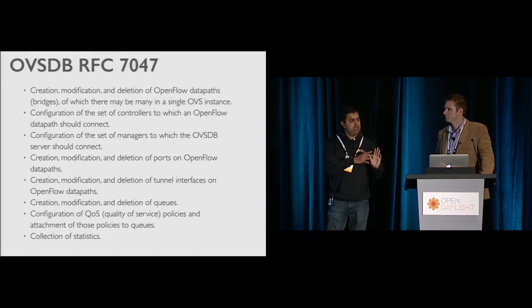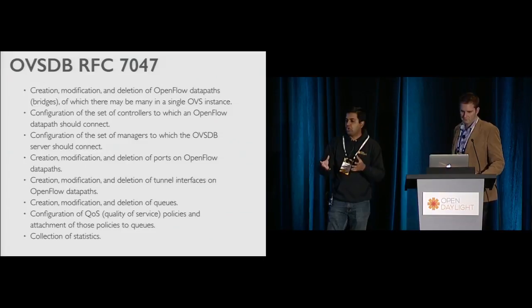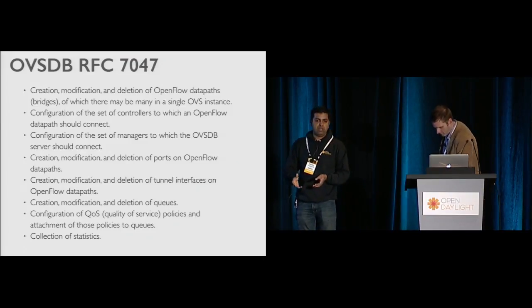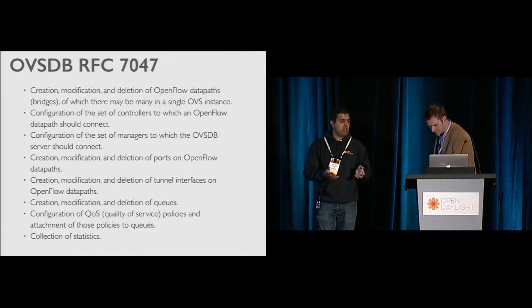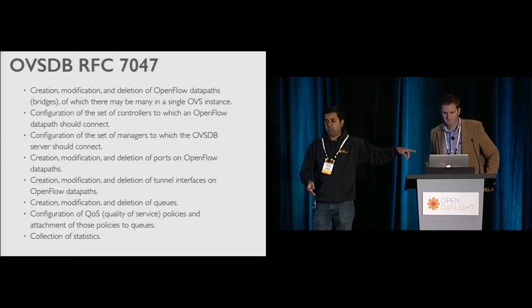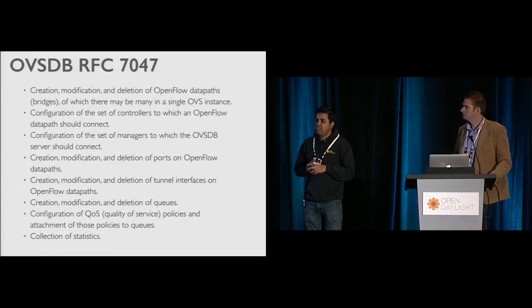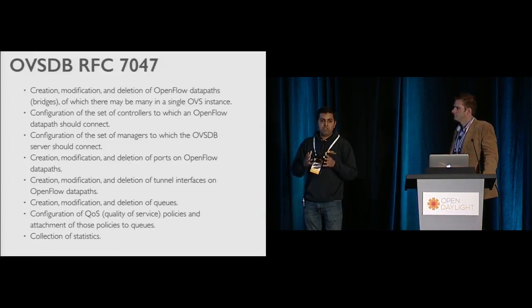The beauty behind OVSDB, as we all know today, is that it is not a hard-coded database table. It is schema-driven, and the schema is exposed based on the RFC. If you look at RFC 7047, it doesn't dictate any schema. OVSDB, of course, has one of its primary uses in OpenVSwitch.